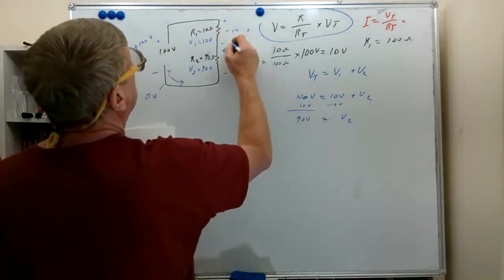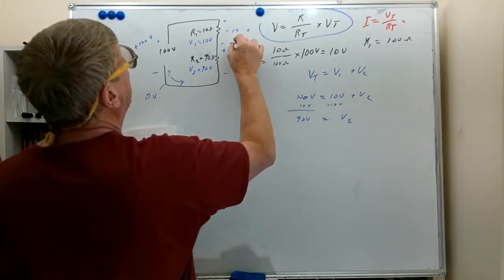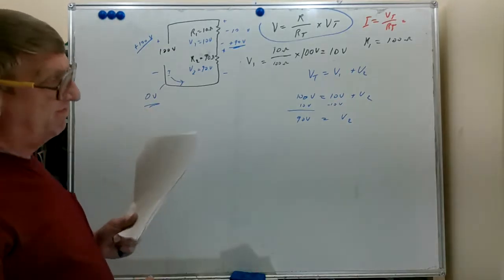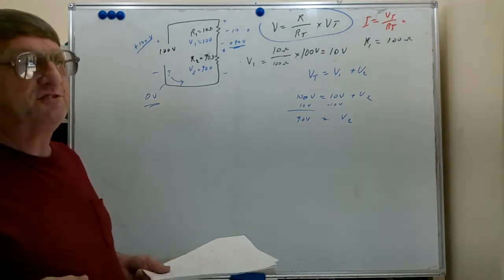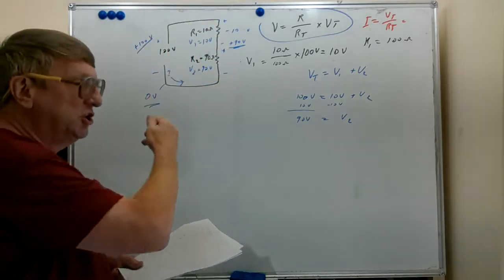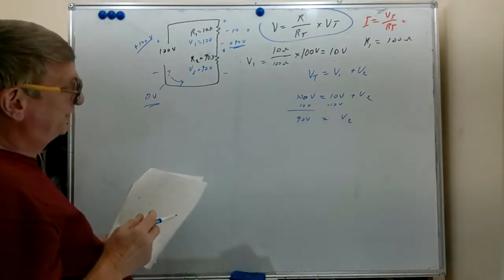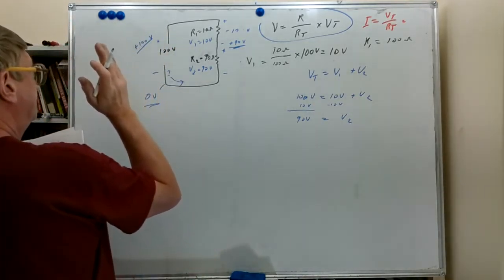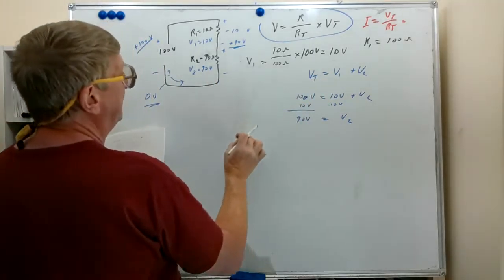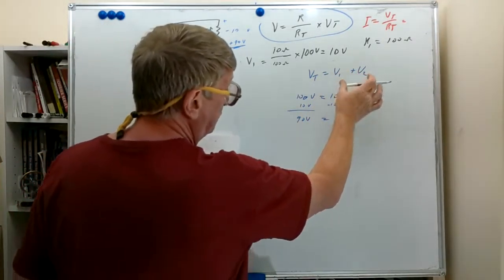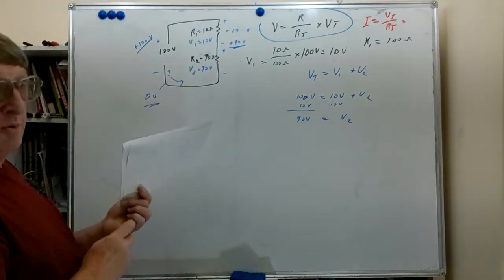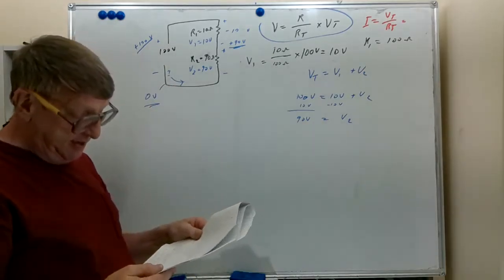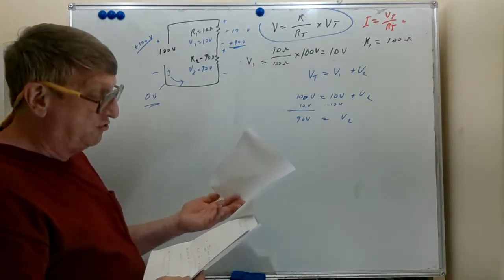That's kind of demonstrating what sometimes they say, that the voltage around a loop adds to 0. The other way to look at it is the magnitude of the voltage supplied is equal to the magnitude of the voltage drops. But with just a 2 resistor voltage divider, we don't really need to do the divider method twice.